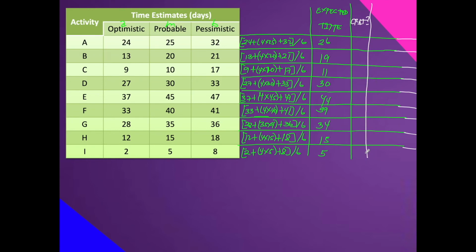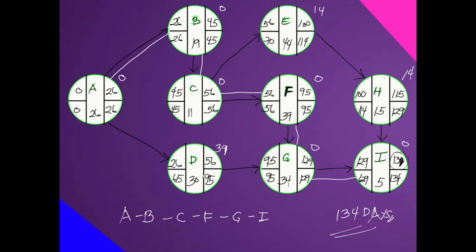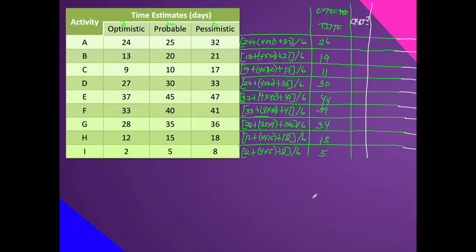Ang critical natin is A, B, C, F, G, I. So, i-check natin yung mga yun. Yes or no na lang, Y and N. A, B, C, tapos F, G, I. Ayan.